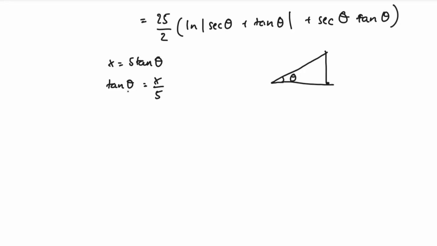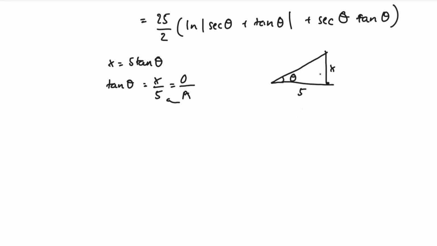Tangent equals opposite over adjacent, so the opposite side of the angle is x and the adjacent side is 5.